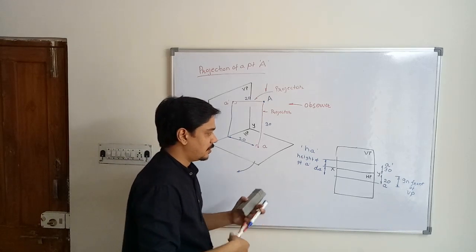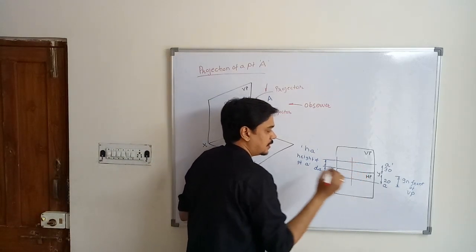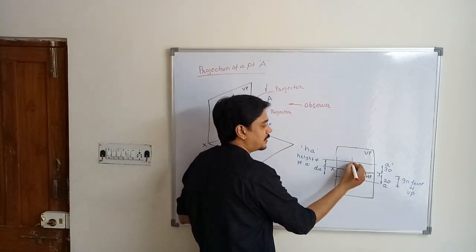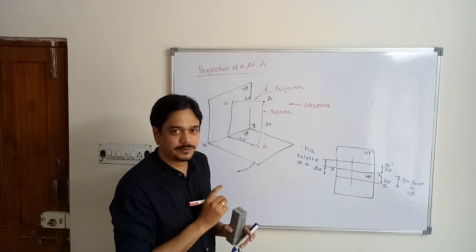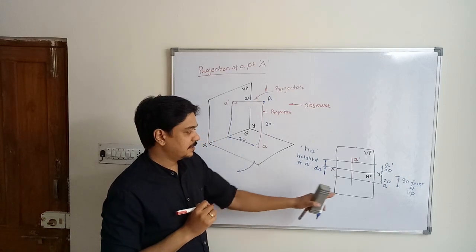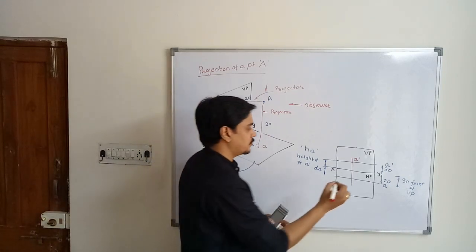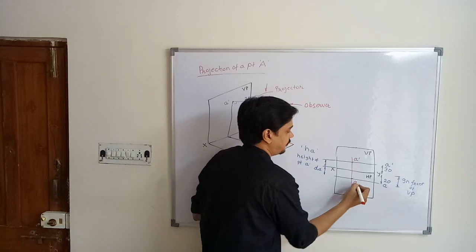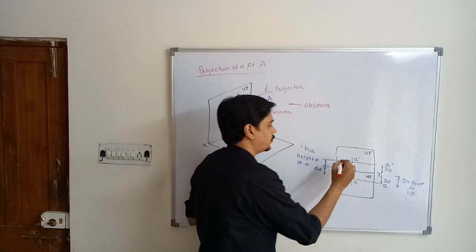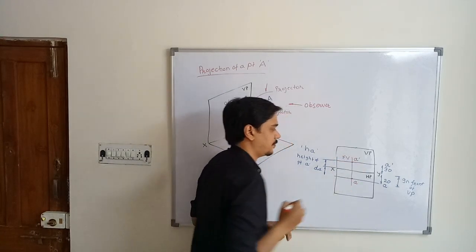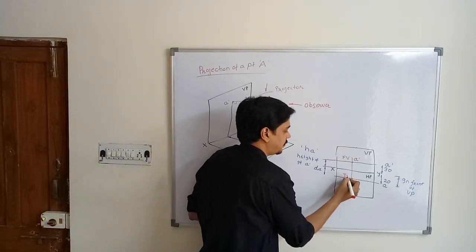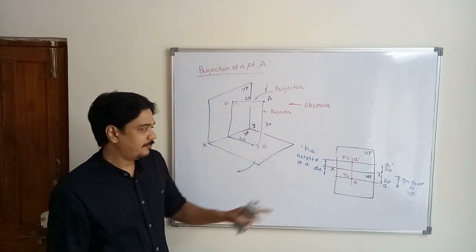So I am simply drawing a vertical line representing the projectors of A dash and A. The point where it cuts the horizontal line, that is the height of that point, will be point A dash. And where it cuts the horizontal line that is the depth, this point will be termed A. So this A dash will be termed the front view of point A, and this A will be termed the top view of the same point A.